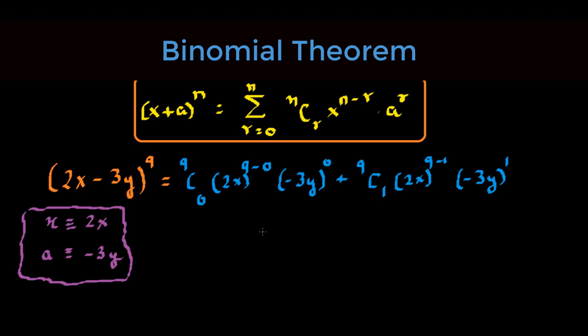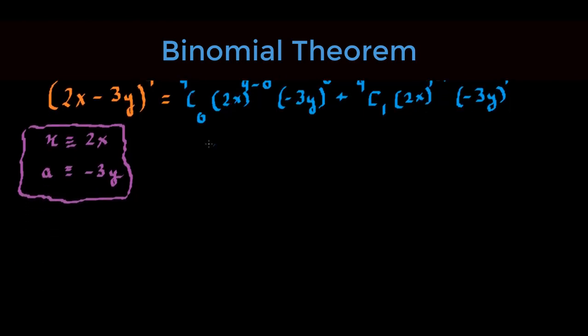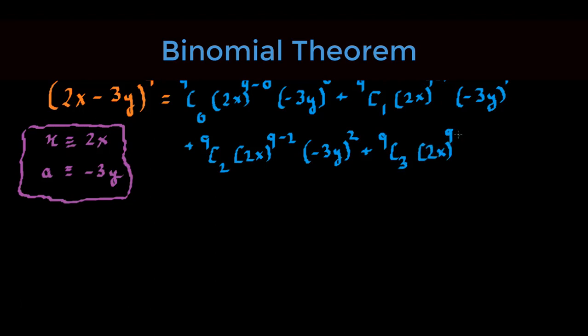I'm running out of space. That's okay. Plus 9C2 (2x) raised to the power 9 minus 2 times negative 3y all raised to the power 2, plus 9C3 (2x) raised to the power 9 minus 3. So this is n minus r. So n is 9 here and r is 3.